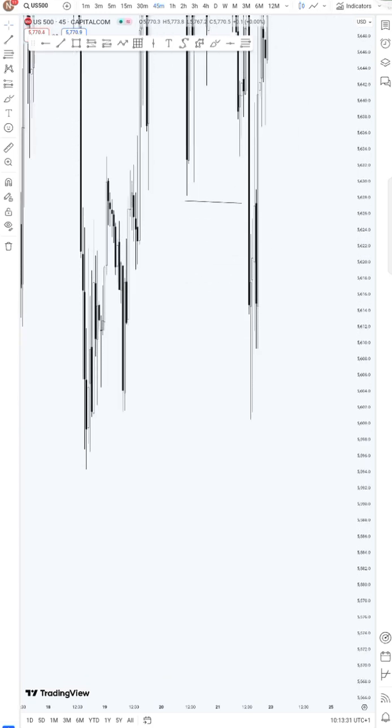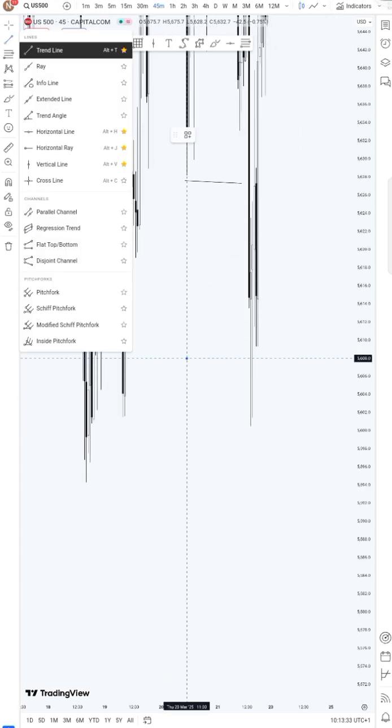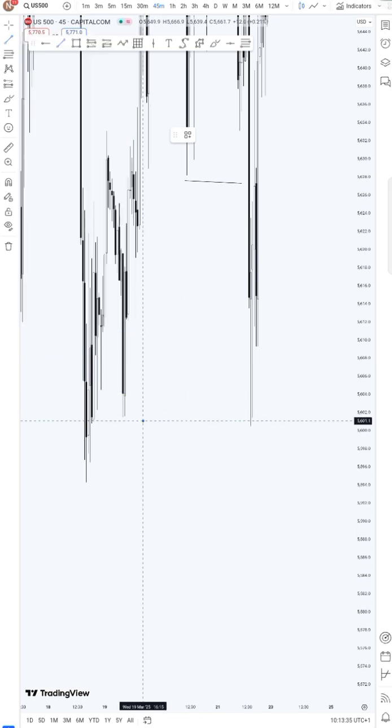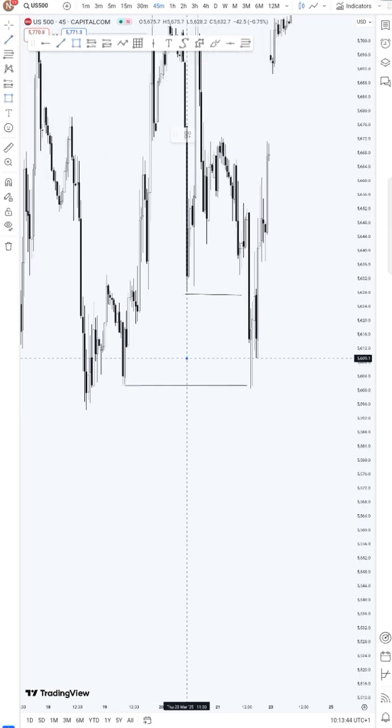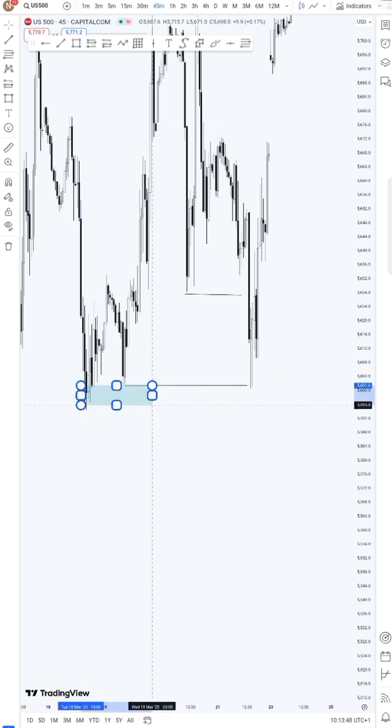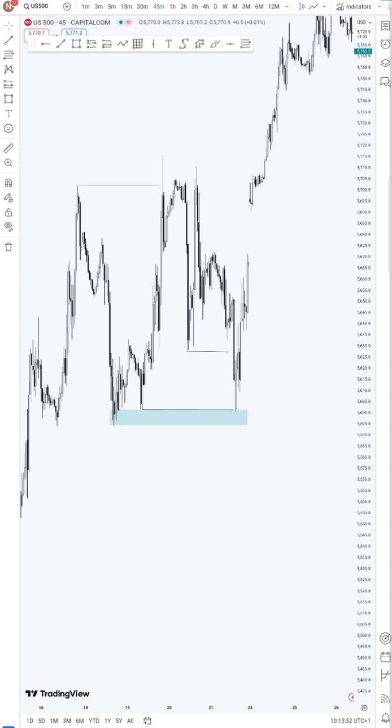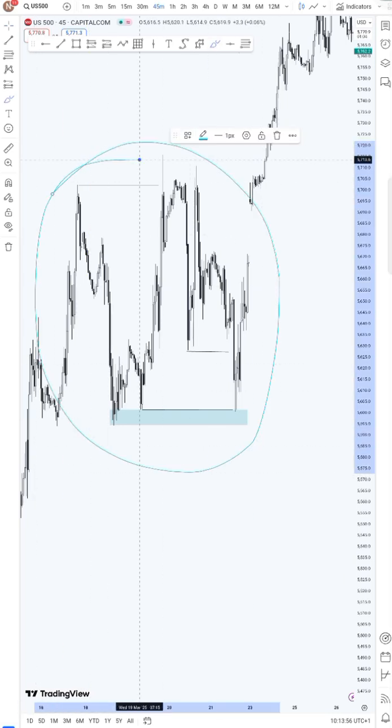We kind of swept it. We had liquidity here too. We kind of swept it, and we tapped into another block at this area. So these are type 4 structure. Our type 4 structure happened here.